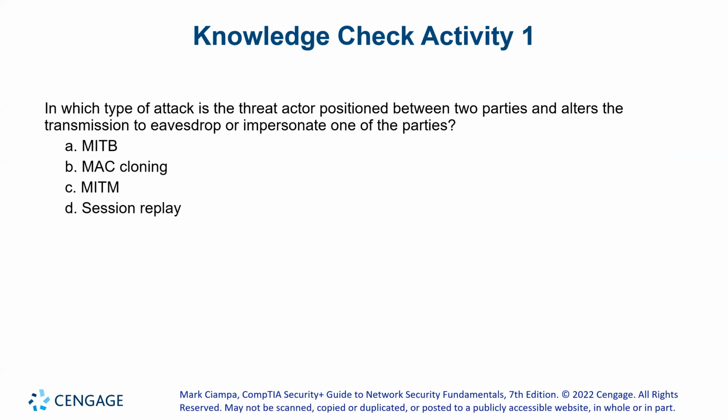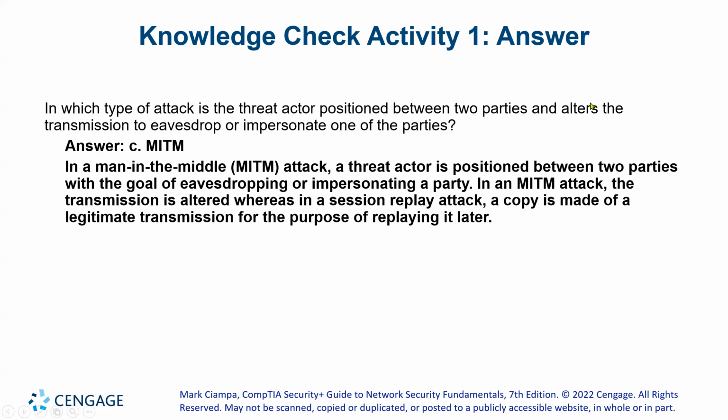Technically, you're right on both, but I think that they want C. Yeah. Because A technically is you're in the middle, but it's with a browser. But technically, the way they worded this, you could be both.